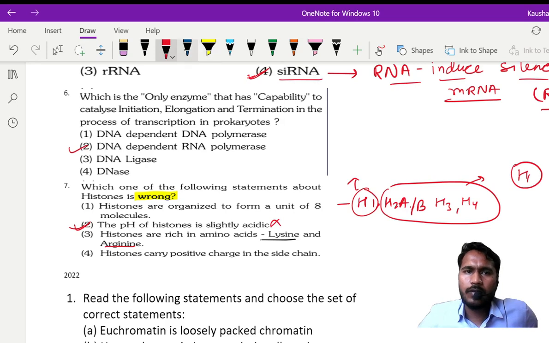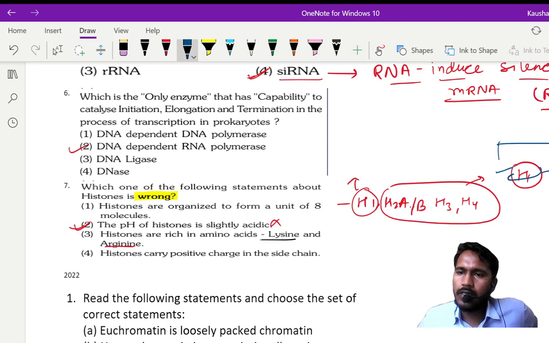Whenever the DNA comes, it will be wrapped from here, and then it will go around. So this will be called a nucleosome. How many nitrogenous bases are wrapped around this? It will be around 146, and from here to here it will be around 200 base pair.